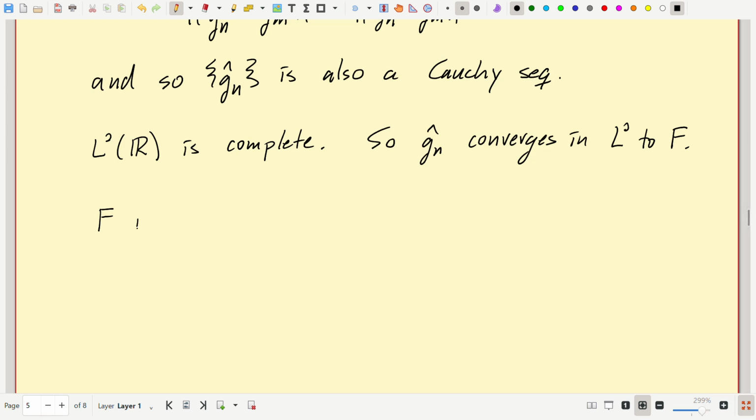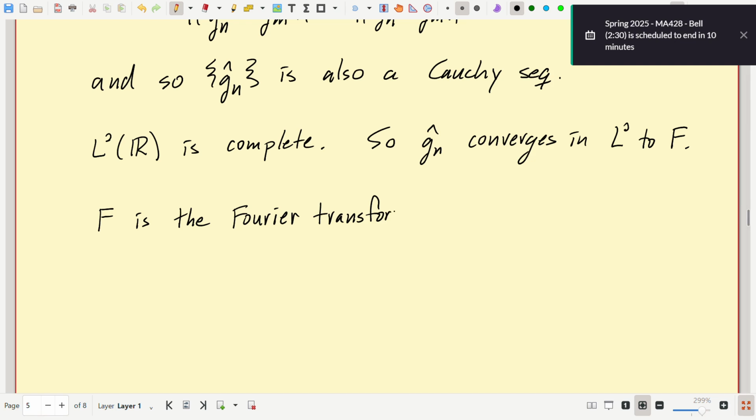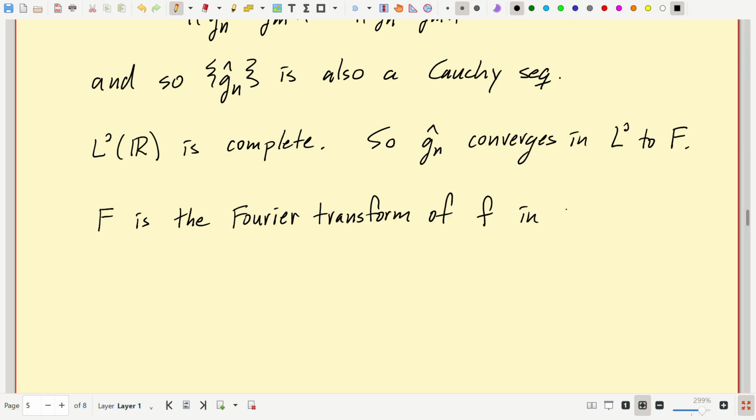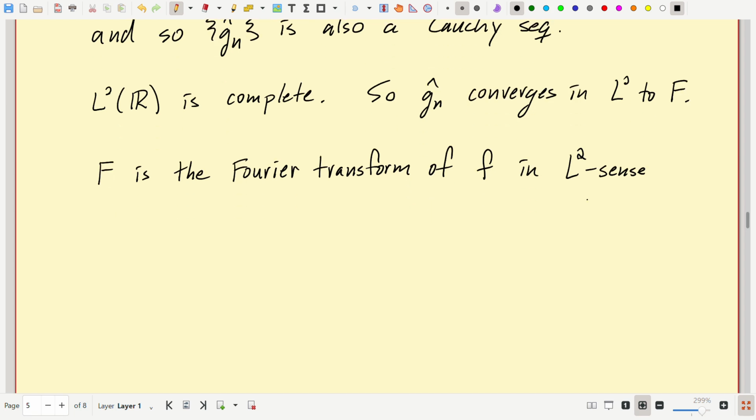F hat is the L2 Fourier transform of f, which is merely an L2 function, of little f in the L2 sense. Okay, it's the limit of the Gn hats.